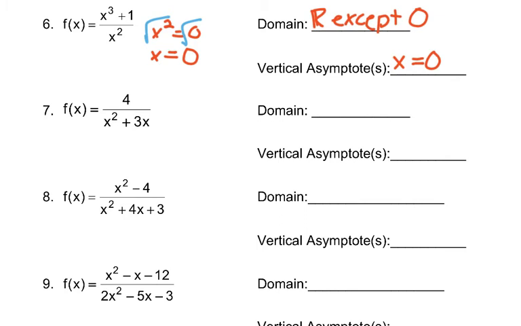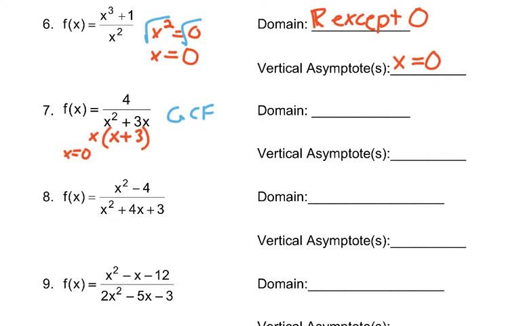Seven, the method of factoring I'm going to use on the denominator is greatest common factor, so GCF. And on that denominator, I can factor out an x. So when I factor out an x, it leaves me with an x plus 3. So numbers that would make that factored form equal 0: to make the plain x equal 0, that would just be x equals 0.